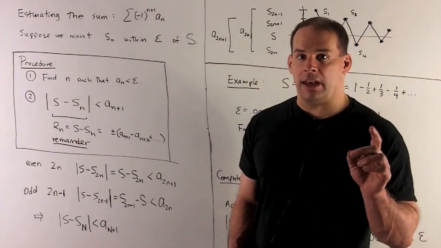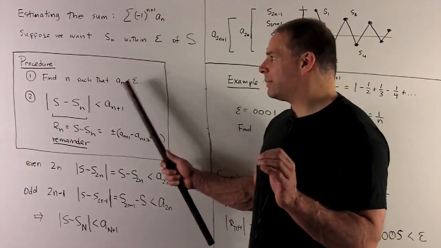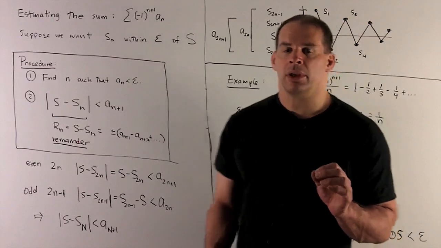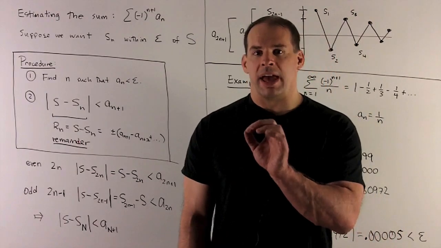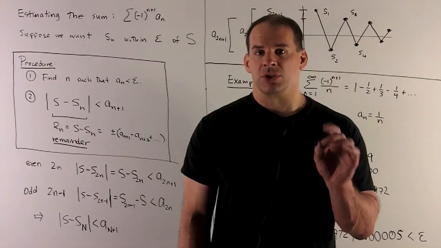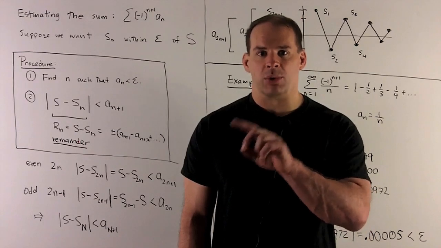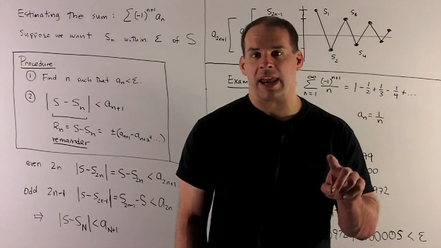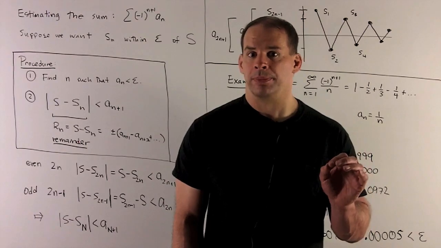I'm going to find an n such that a sub n is less than epsilon. So we have our a sub n, it's going to be decreasing and its limit's going to go to 0. So if you give me an epsilon, which is a small number, I can always get under that epsilon with an a sub n.